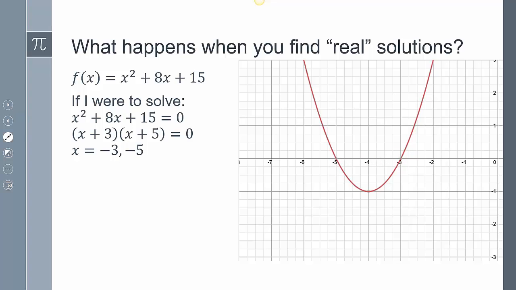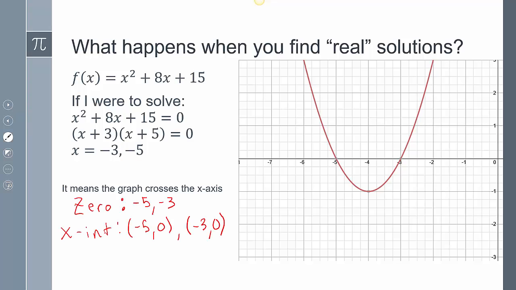When we are trying to find solutions by saying this equals 0, what I'm trying to say is where is it going to cross the line y equals 0? It's going to cross y equals 0 at negative 3 and at negative 5, so it crosses the x-axis. And I could label them as zeros, or as those x-intercepts that we've already talked about.